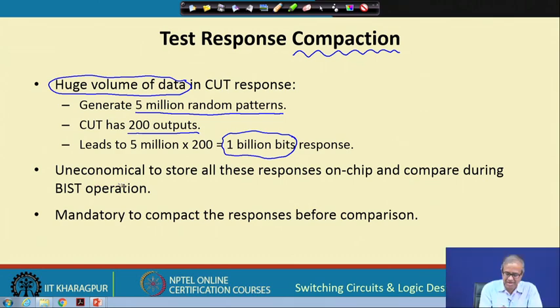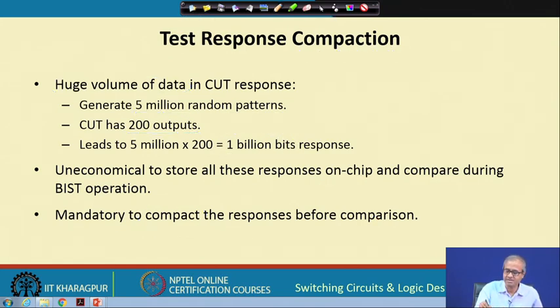It is really uneconomical or impractical to store all these responses on chip. So, we have to do some kind of compaction before we compare the circuit responses. Okay. This motivates us, why do we need compaction.